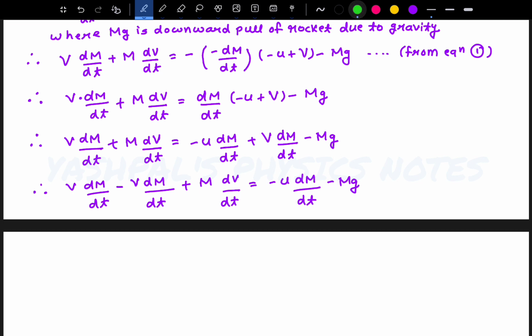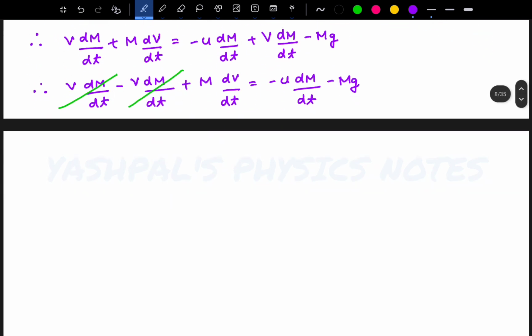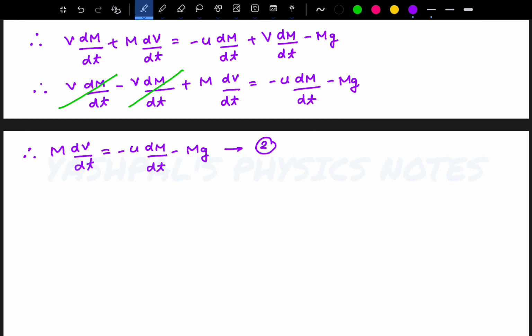So I can cancel out these two terms and write the remaining terms. Therefore, M dV by dt is equal to minus u dM by dt minus capital Mg. Give this as equation number 2.